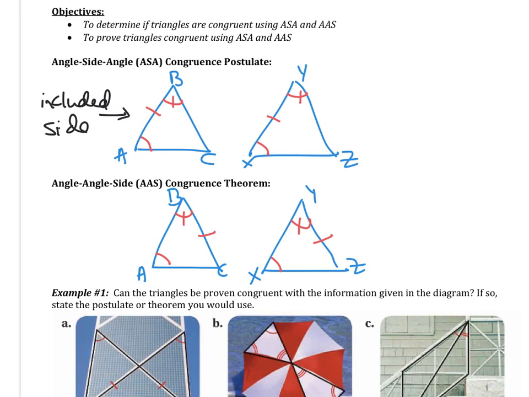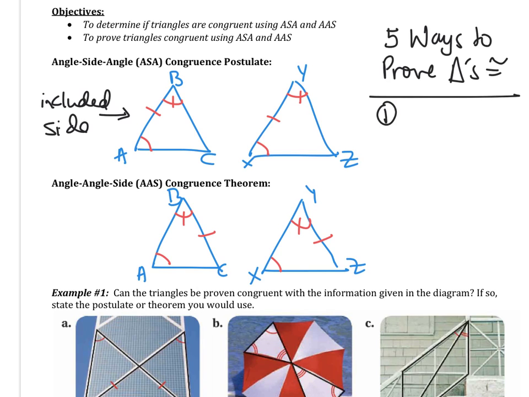Alright, so then, quick little review. If I were to ask, there are 5 ways to prove triangles congruent. What's one of the 5? Let's get 5 different people to answer. Laura. Side, side, side. 2.